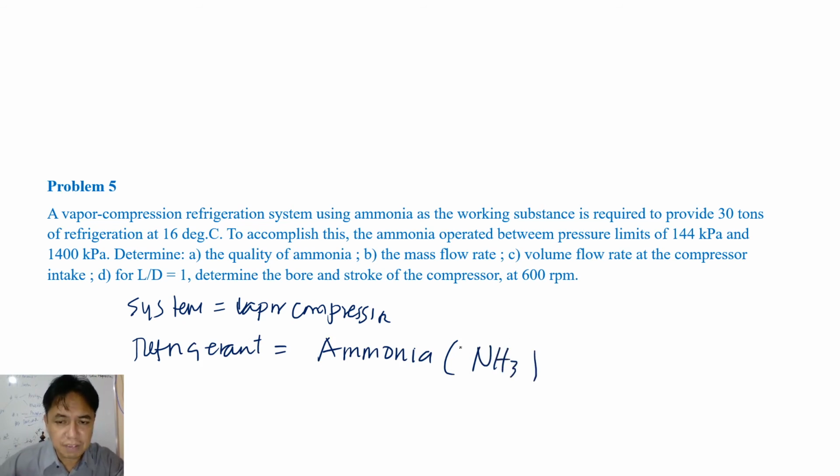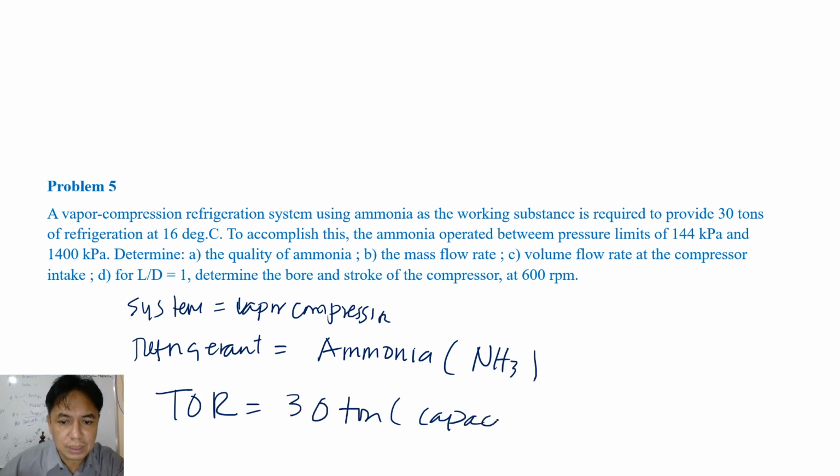Working substance means refrigerant, required to provide 30 tons of refrigeration. So merong term na tons of refrigeration. Pag sinabing tons of refrigeration, you are talking of capacity, parang kilowatt or horsepower. By the way, ang conversion, there is 3.516 kilowatt per ton of refrigeration.